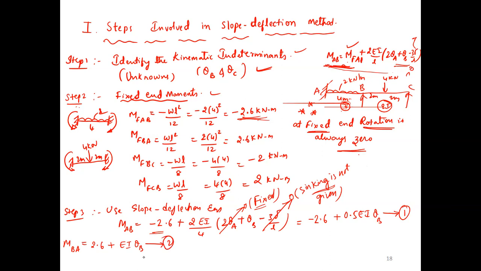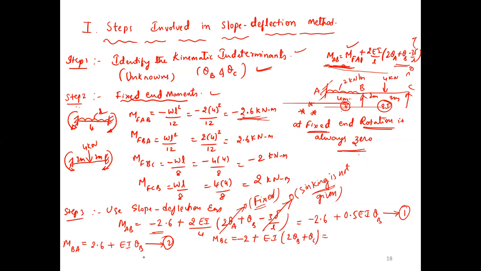Similarly, what is MBC? MFBC, that is minus 2 plus 2 EI by L, 2 into 2, 4, 4 by 4 EI, into 2 theta B plus theta C.